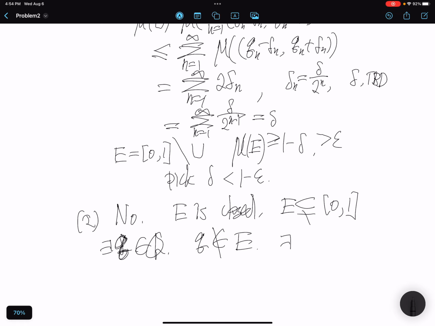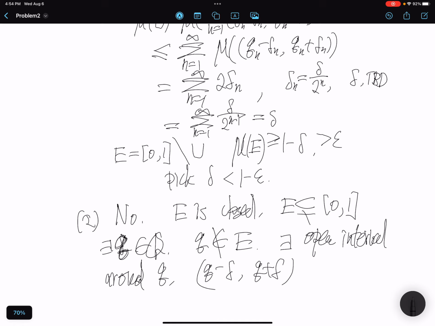So there exists an open interval around q, say q minus some delta to q plus some delta, which is contained in the complement of E. So the measure of E is at most 1 minus 2 delta.